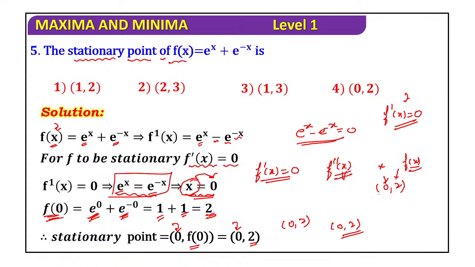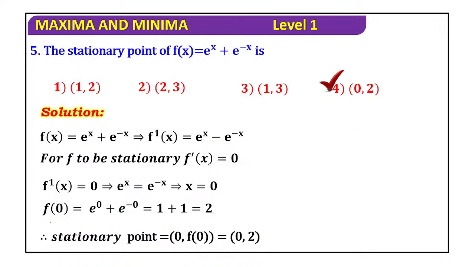That will be the stationary point, 0, f of 0. Quickly you can see that 0, 2 is your required answer. That is option 4. Option 4 is going to be the right answer.